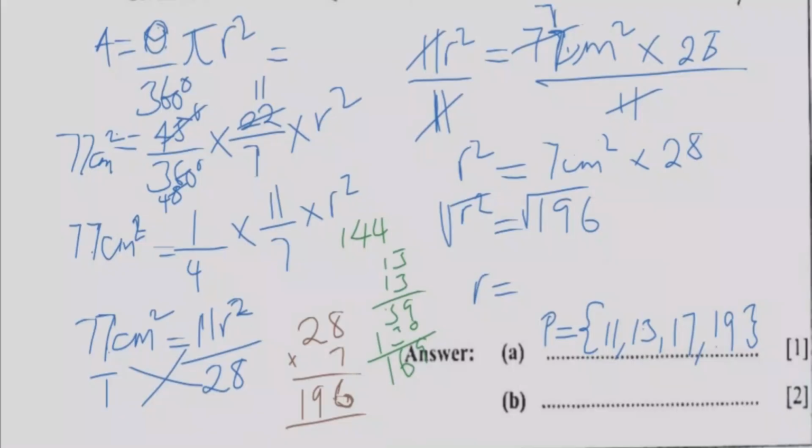Now let's try 14. I'm going to use the right side of the screen to write 14 times 14. 4 times 4 gives us 16, carry 1. 4 times 1 gives us 4, plus 1 is 5.